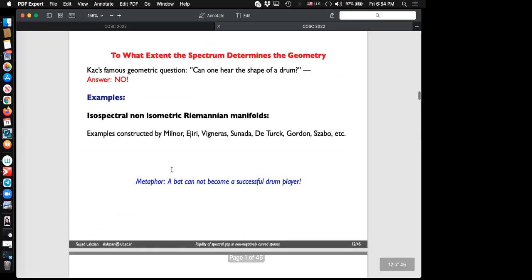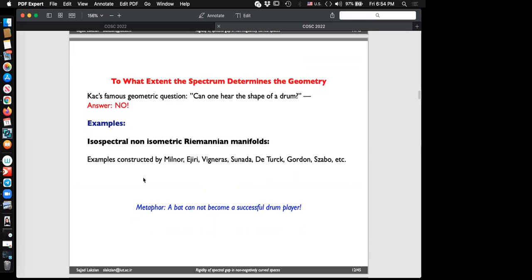Okay, so let's see some folklore or maybe some metaphors. When you talk about the result, you want to see how much of the geometry is determined by the eigenvalues, and in this case by the first eigenvalue.